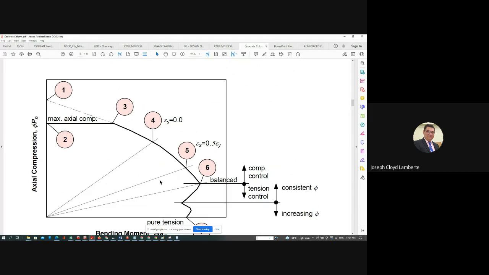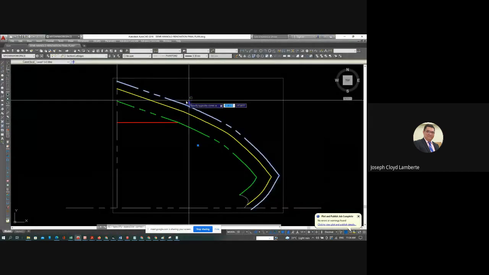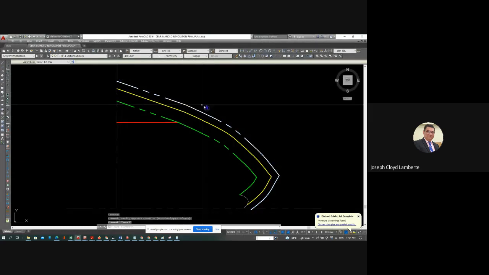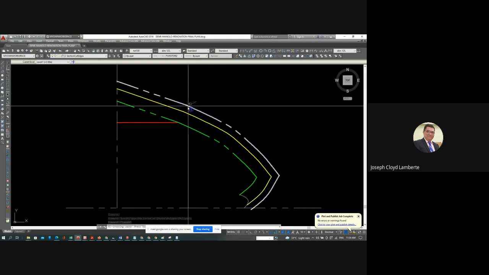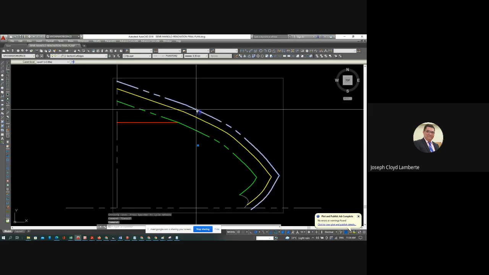0.80 or 0.85. So napatay 0.70 o 0.75. So ato na lang ni hulog og ato na lang himong MN, ang nominal strength.